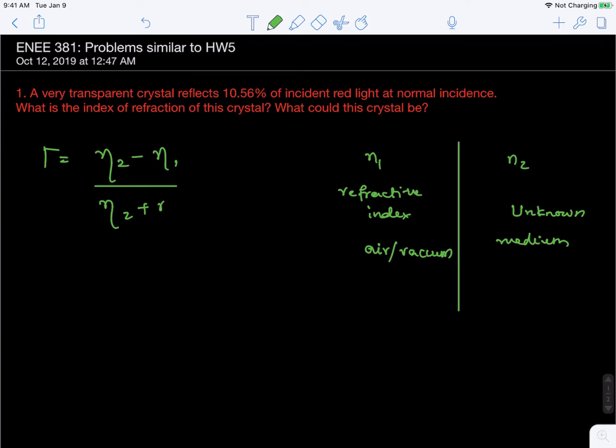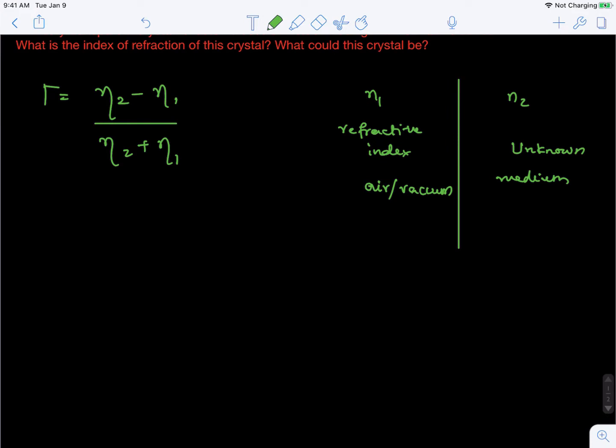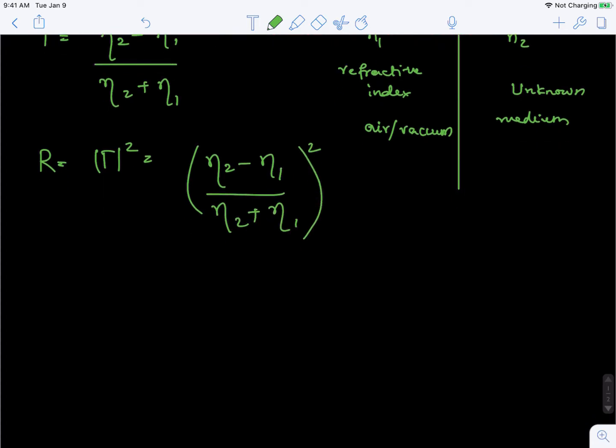The power reflection coefficient R, when we're talking about an electromagnetic wave, is given by gamma square, which is equal to eta 2 minus eta 1 divided by eta 2 plus eta 1, whole square.